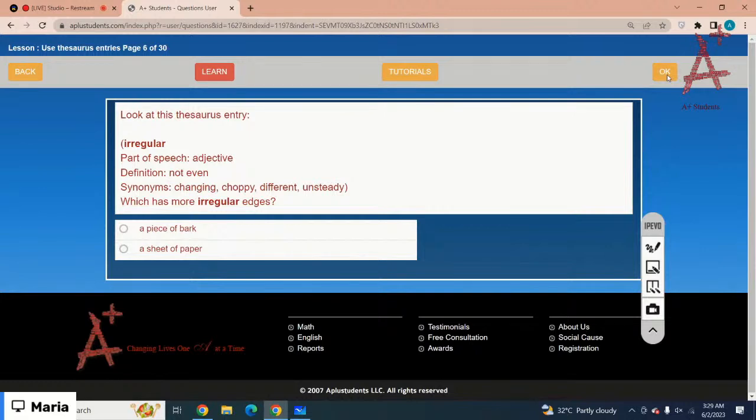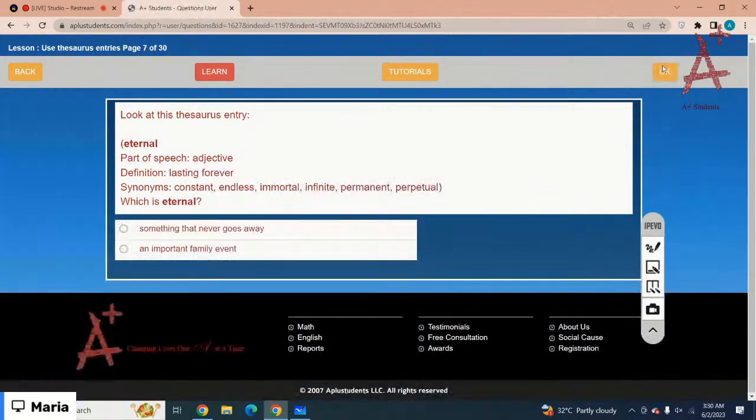So which is the correct option? A sheet of paper has the same corners. It isn't irregular. It will be a piece of bark. Got it? Very good.